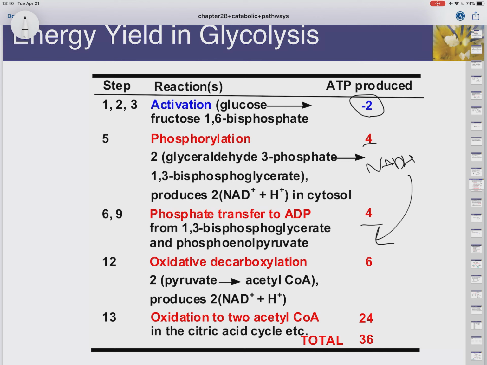We got another couple of NADHs from the change of pyruvate into acetyl-CoA, and then in the oxidation of the acetyl-CoAs via citric acid cycle, we generated something like 6 NADHs, 2 FADH2s, 2 GTPs, and I think that's it. So adding all that up, we get 36 or so ATPs per glucose molecule.